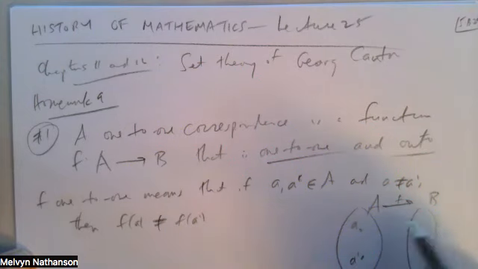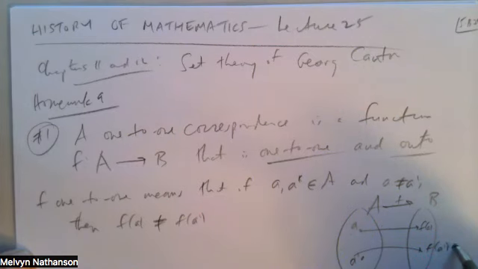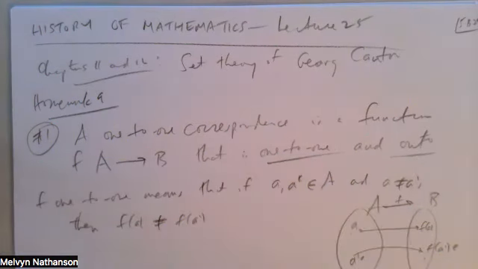You have a function f from A to B, and a gets mapped to an element f of a in B, and a prime gets mapped to an element f of a prime in the set B. And if a is different from a prime, then these two elements are different. So what you do not have is a function that sends two different elements to the same element in the set B.